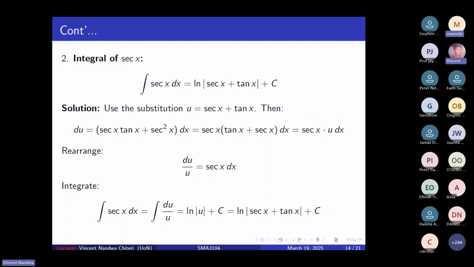And then it is not hard to see that this transforms to sec x u dx, so du over u is sec x dx.